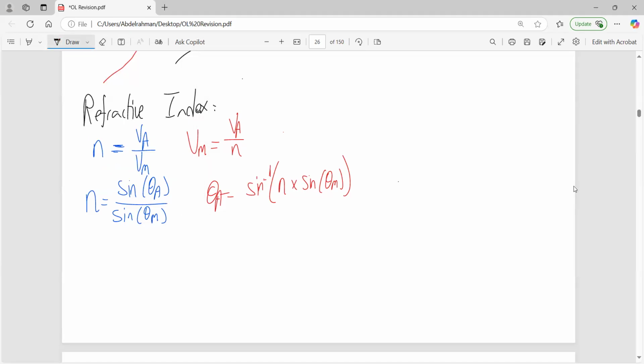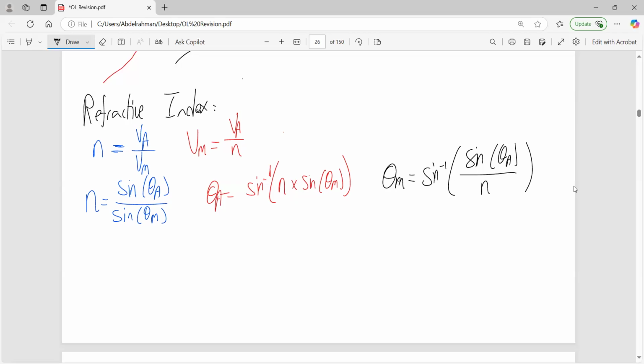Yes, you can. Theta M would be equal to sine inverse of sine theta A over n, over the refractive index. If you're not good with rearranging the equations, you can just memorize them if you want to find theta A or theta M.